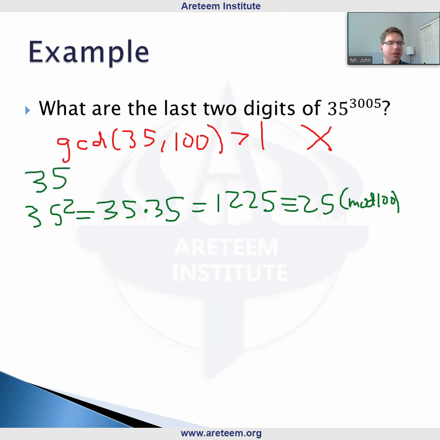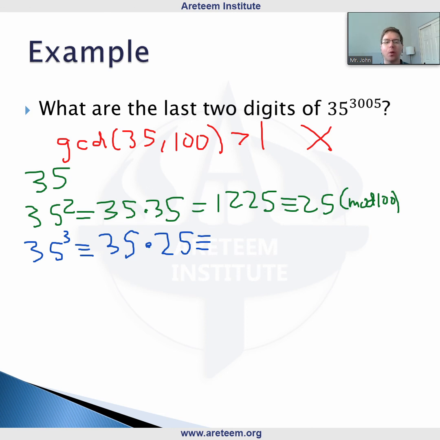Now, what about 35 cubed? So let's do 35 cubed here. And this will be the one that is good practice again with modular arithmetic. Why? Because I want to think about this as 35 times 25. This is equivalent to 35 times 25. Why is that?